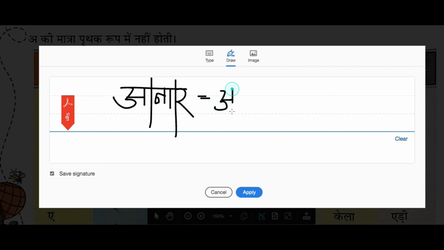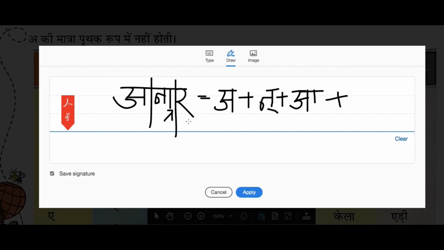So it is simply a plus. Now the second part is na with akar ki matra. You can see this is akar ki matra. So na with halant plus a, na, plus the last one is ra.